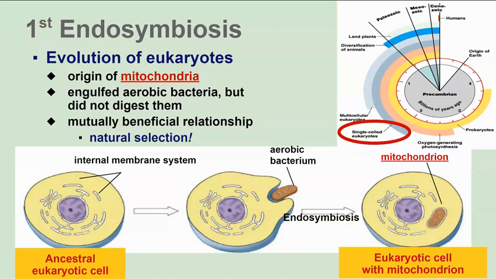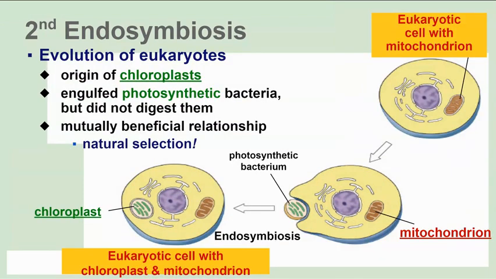And so then, because this relationship was beneficial, it helped this ancestral eukaryotic cell that entered into this relationship be more likely to survive. And again, natural selection happens, and so it became much more common. Then the second endosymbiotic event happened, and this is where chloroplasts enter the picture.